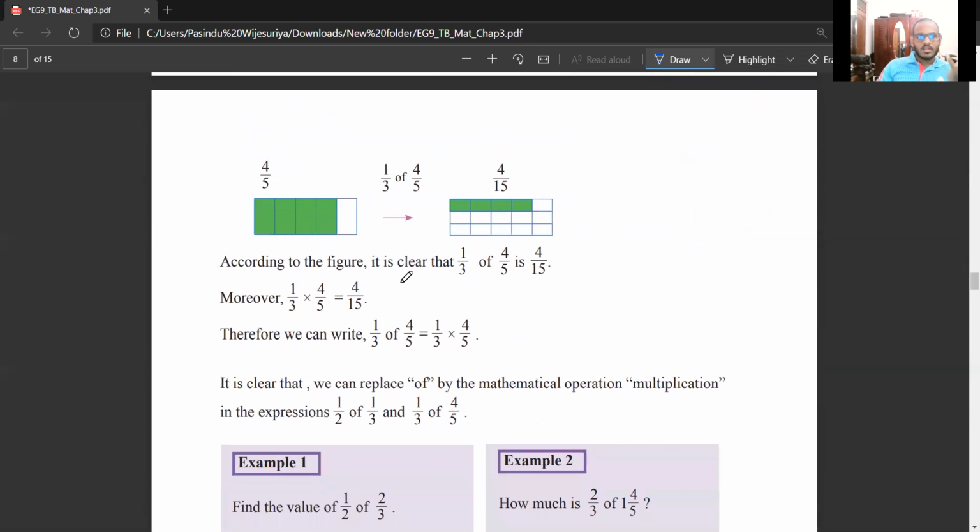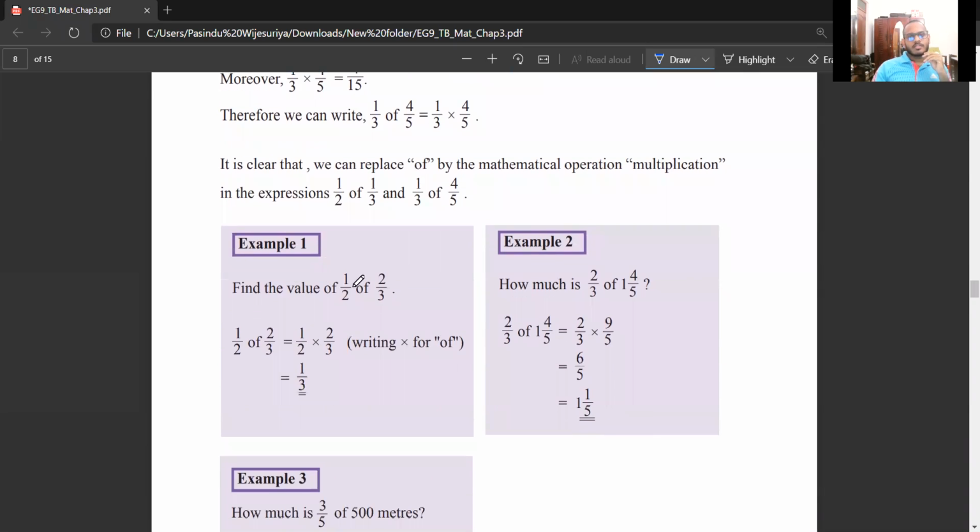So this is the 'of' condition. As an example, if there's 1/4 of half of 1/3, that type of questions, I will help you all with that. If you all read the examples properly, you will be able to understand.